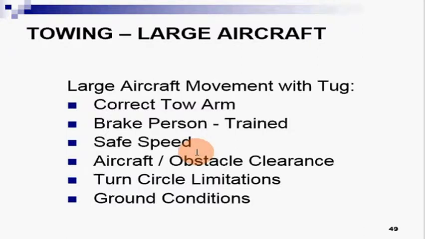Safe speed: the man in the driving seat should know the safe speed for the towing operation, and any obstacle in the way of the aircraft should be removed. Turning circle limitations should be known to everyone participating in the towing procedures. Ground conditions should be good for the towing operation.